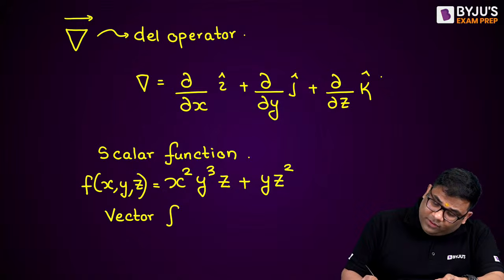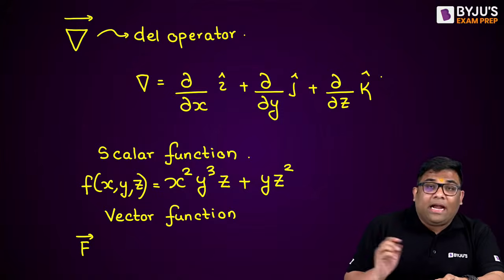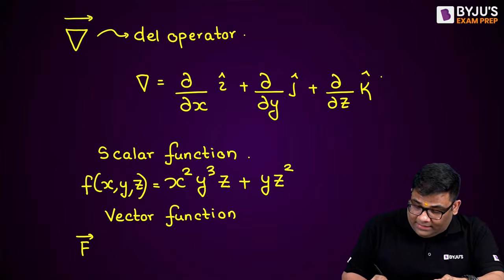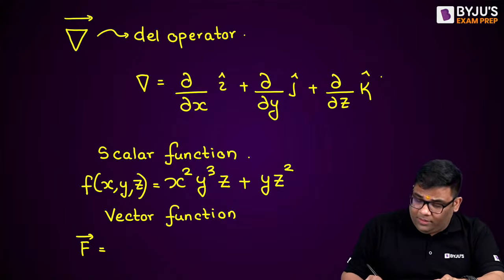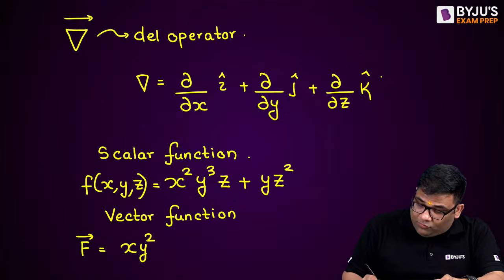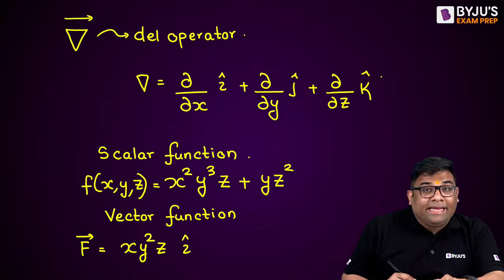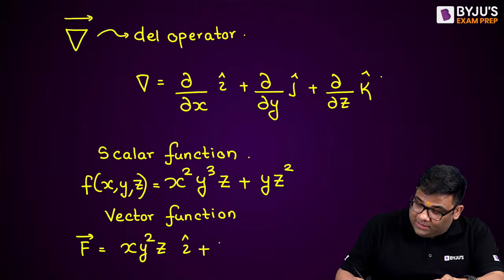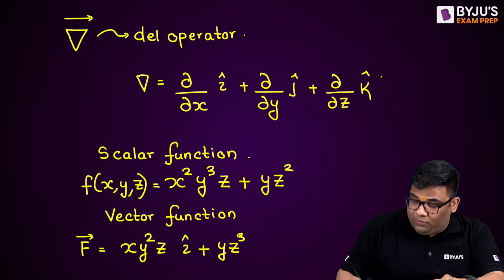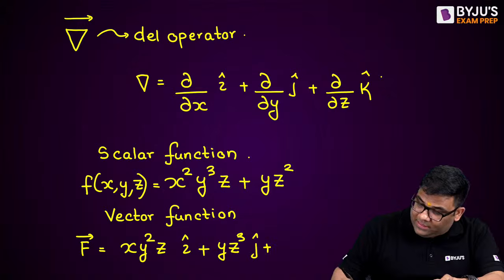Now what will be a vector function? The vector function will have direction. Suppose I say capital F, with an arrow to indicate a vector. I give x y square z i cap plus y z cube j cap plus x cube y k cap.